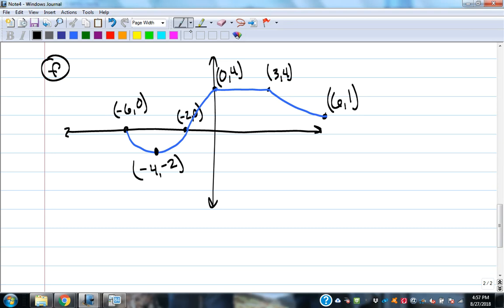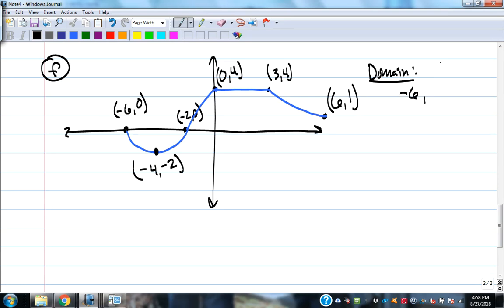Now, what we're going to look at here are the domain. Let's start with that. What's the domain of that particular graph? What's the lowest x value? -6.